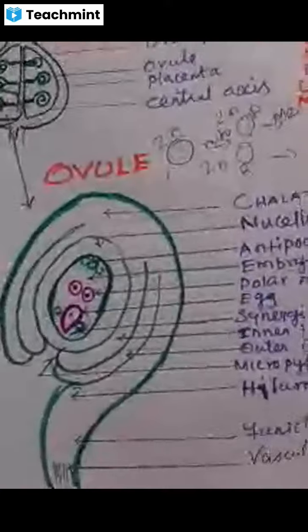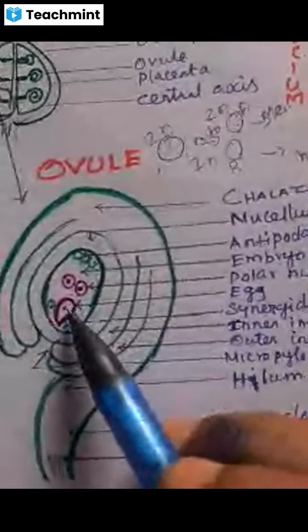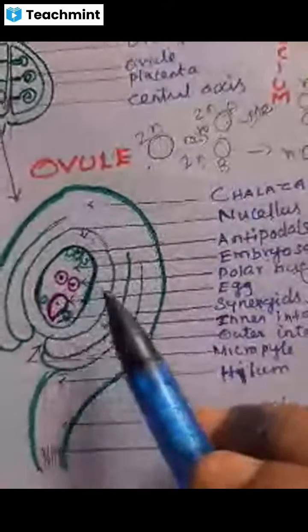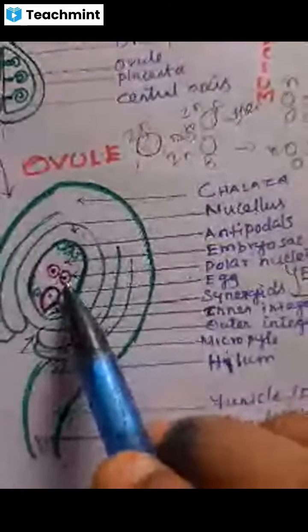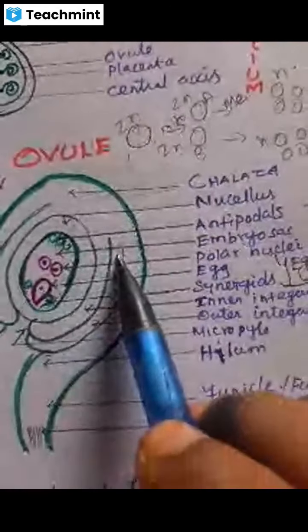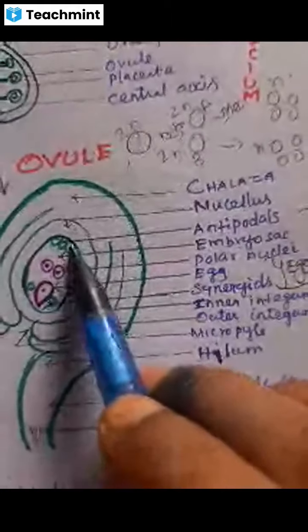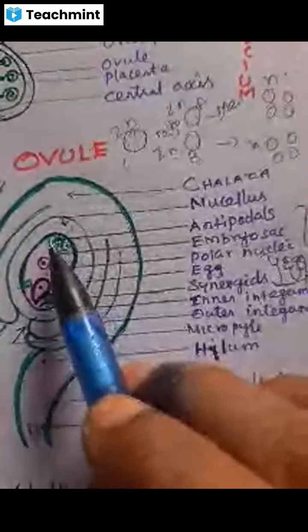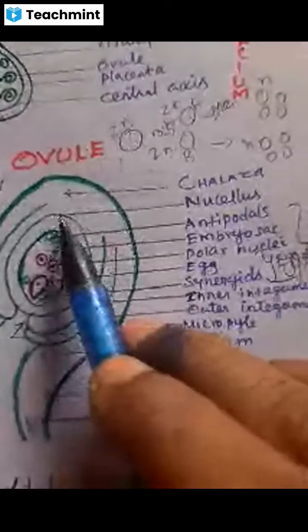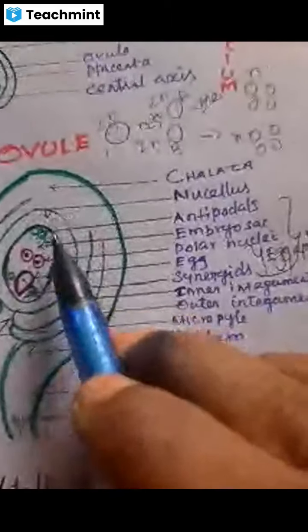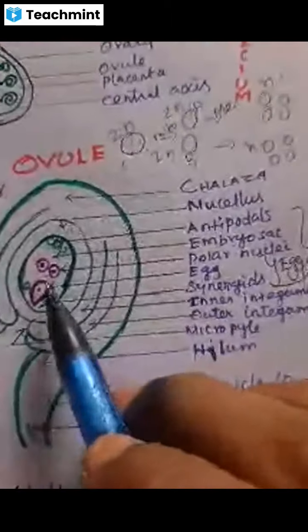Okay. On the whole, this egg is modified into the embryo after fertilization. The pollen grain is modified into endosperm cells after fertilization. The antipodals disappear. Then the nucellus supplies the food material till the end of the day. The nucellus supplies the nutrients to the embryo cell.